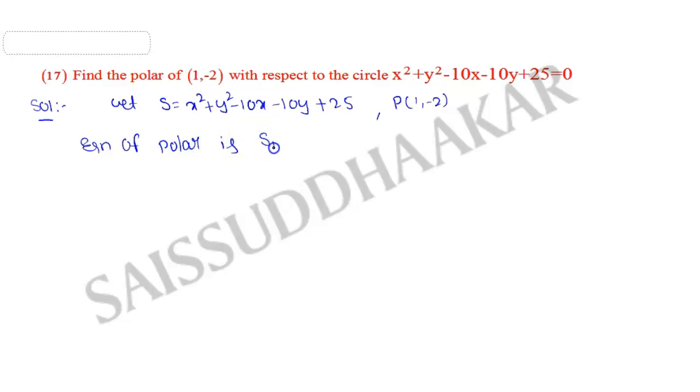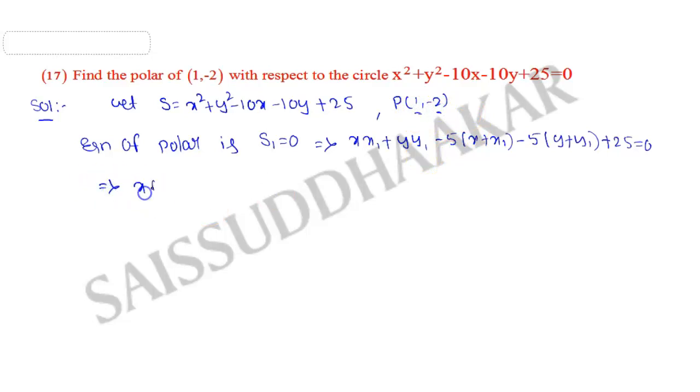is S1 is equal to 0, which implies xx1 plus yy1 plus g(x plus x1) plus f(y plus y1) plus c. In the sense here, we need to take half of this value. Minus 10 is there, I am taking a half: minus 5 times of x plus x1, next 10 is there, half, minus 5 times of y plus y1, plus 25 is equal to 0. So here x1 value is 1, y1 value is minus 2.